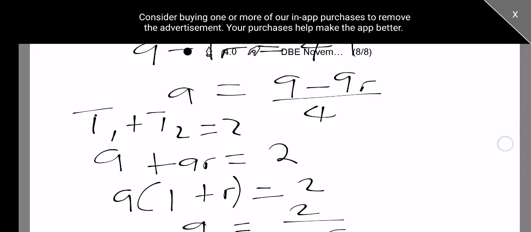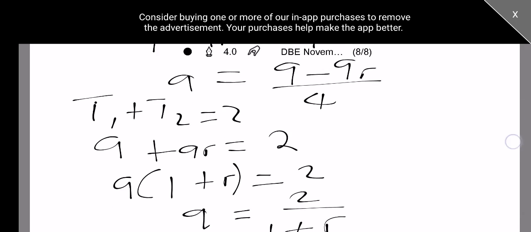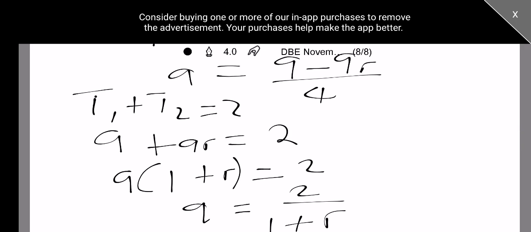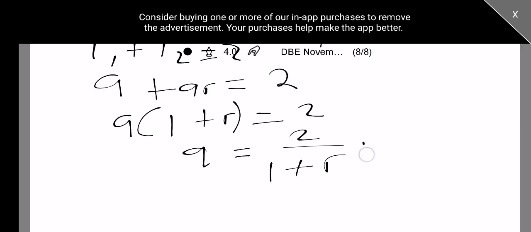As I told you, this gives us many possible solutions. a can be written in this form, a can be written in this form. They are both correct, and it can also be written in other forms that I haven't shown you here. They may also be correct.